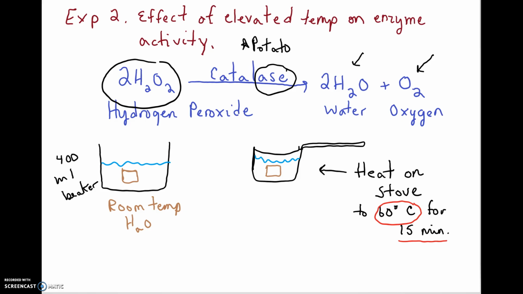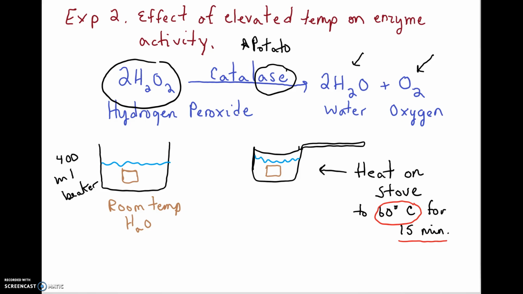So heat can potentially denature the enzyme. And remember that denaturing means that you've changed its shape, rendering it inactive. So that's kind of what we're studying here. We're going to see what happens to that catalase inside the potato when we heat it up. So again, an important thing to remember is that the catalase is what we're actually after. The catalase is in the potato.